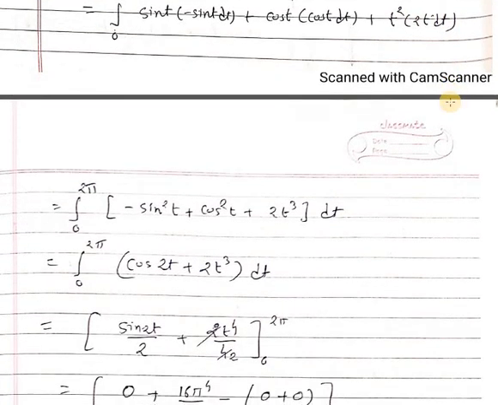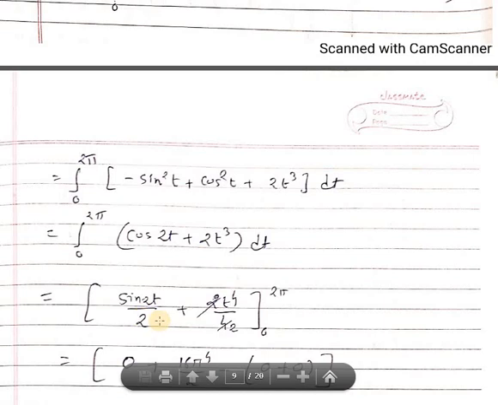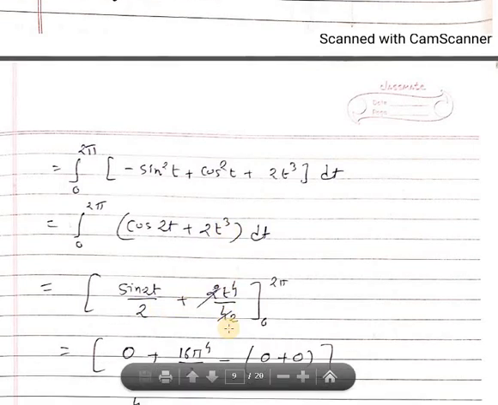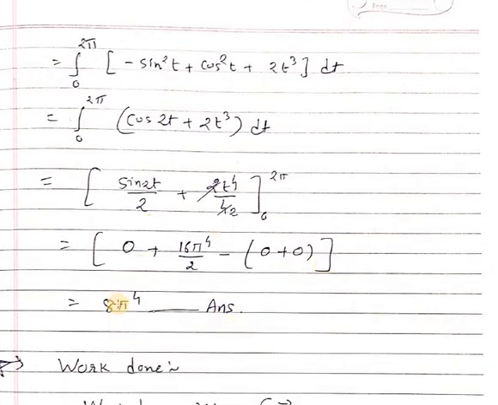Simplifying these terms, that will give you (−sin² t + cos² t + 2t³) dt. Integration of cos² t − sin² t has a value cos 2t, so cos 2t has an integration sin 2t upon 2, and t³ has t⁴/4. Simplifying these terms and putting upper limit and lower limit, we have the answer 8π⁴.